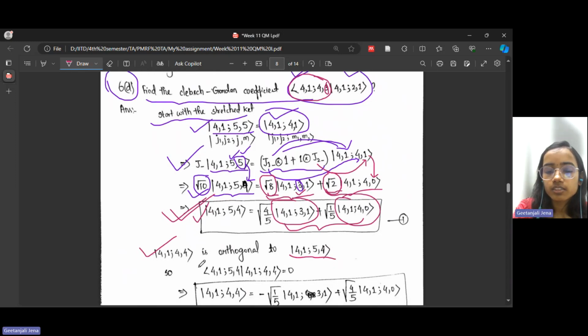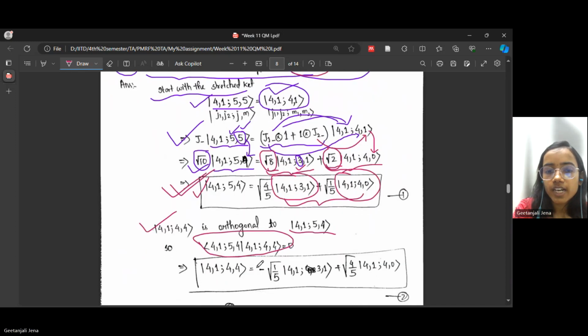So if you take the inner product, then it will be 0. So that means, to get the expression for 4144, what you can do, you just interchange this coefficient. So 4144, you can easily write it as a linear combination of 4131 and 4140.